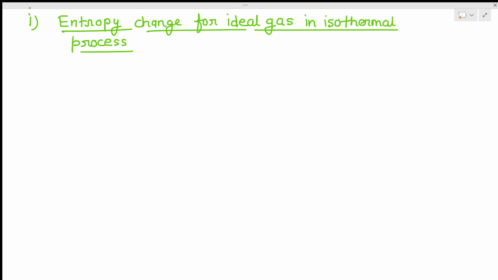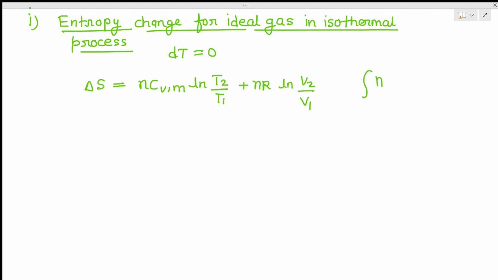For the isothermal process, we know that dT is equal to 0. This is true for the isothermal process. Okay. And we know that for the ideal gas, the general formula for the entropy change is n Cvm natural log of T2 upon T1 plus nR natural log of V2 upon V1. Now, n Cvm natural log of T2 upon T1 will be equal to 0 for the isothermal process.